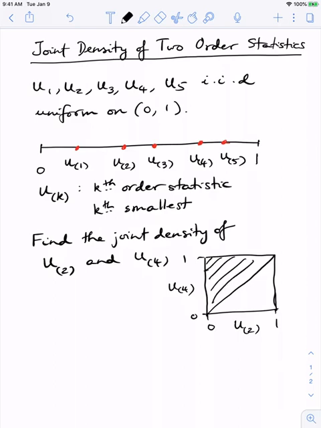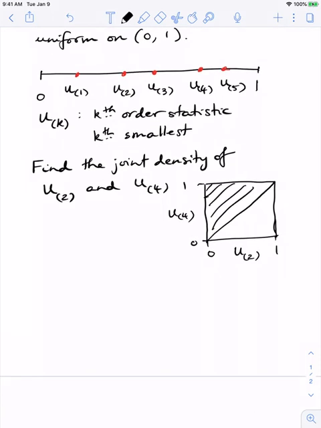There's no density, that is, the density is 0 everywhere else. So our job is to find the density for points where x is less than y.